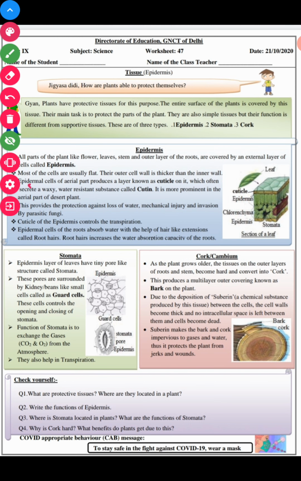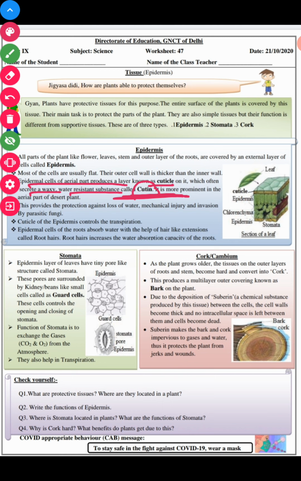So the epidermal cells present on the aerial part of the plant form the cuticle, and it secretes a waxy, water resistant substance called cutin. This is very important in desert plants, where water is very scarce and the plant cannot afford much loss of water.